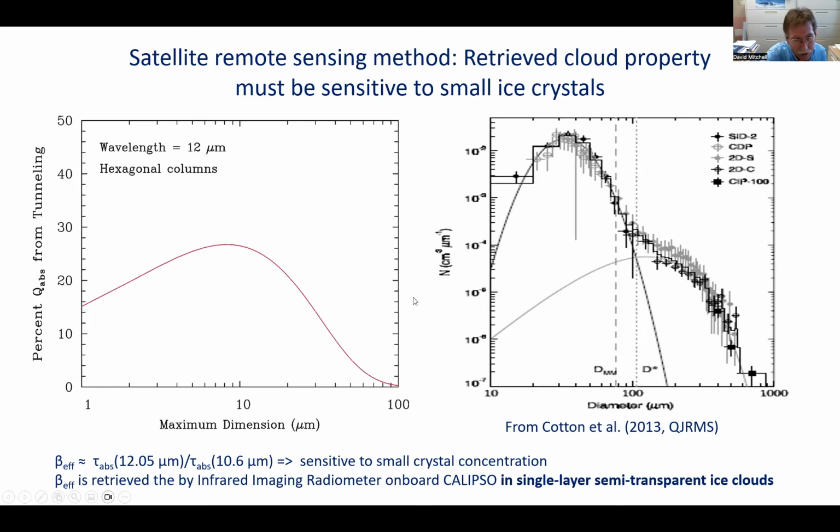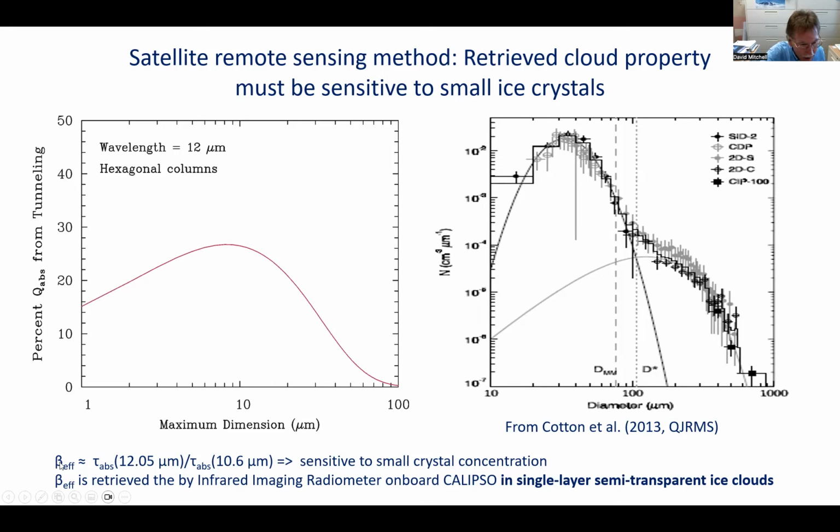So how do we do remote sensing on that? Well, you need something that'll be sensitive to those high number concentrations at small sizes. And this absorption process called wave resonance or photon tunneling, take your pick, it does absorb at those small particle sizes. And shown on the left side is the absorption efficiency from tunneling versus particle size for hexagonal columns. Wavelength is at 12 microns. If we repeated that at 10.6 microns, this curve would be much lower.